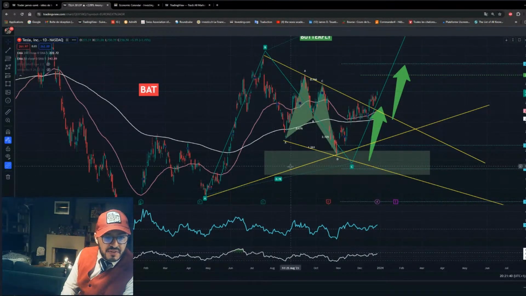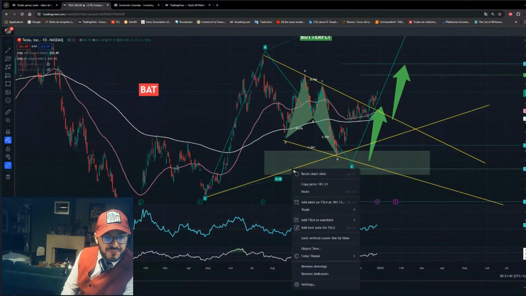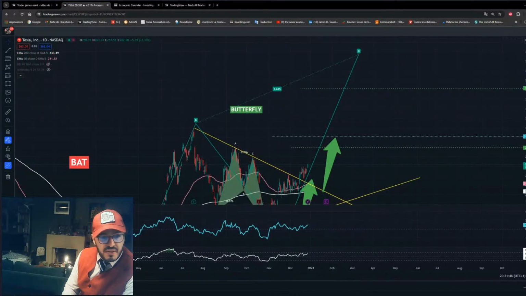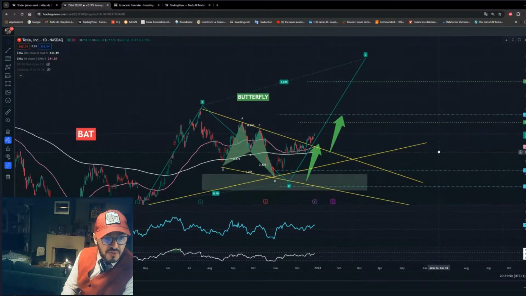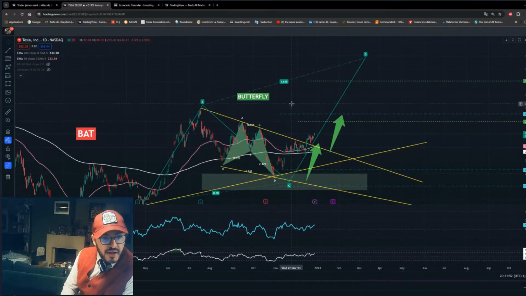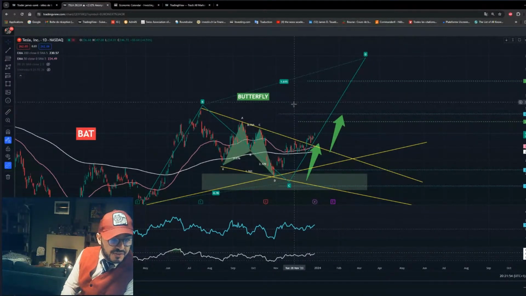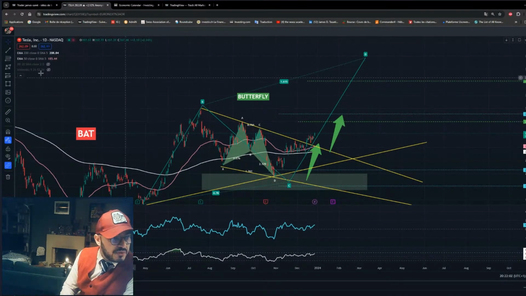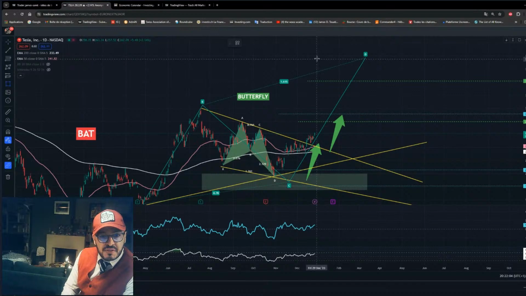And now we reached this level. I'm going to remove this later, doesn't matter. The most important now is that the butterfly was really good, okay? And I detected an ABC pattern here. So we can go maximum at this level, 377, okay?